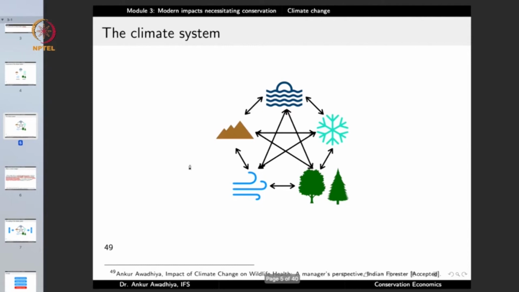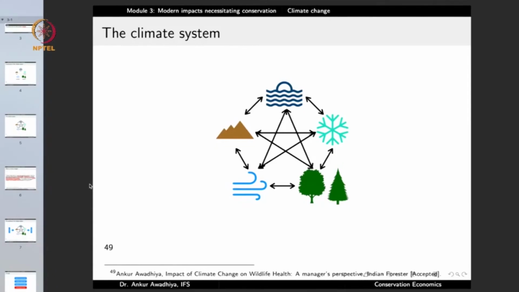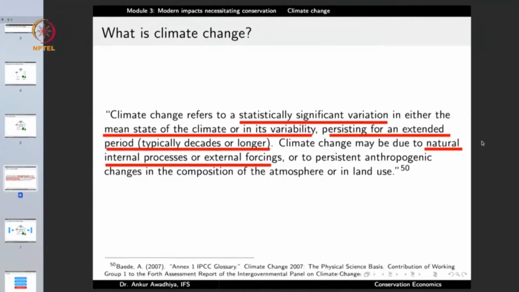So, for instance, there might be changes in the tectonic layers of the Earth. The Earth is divided into a number of plates, and these plates are in constant movement. Now, when the land surface changes because of natural processes, then that might change the climate. So, the climate change may occur because of the natural internal processes, or it may occur because of external forcings.